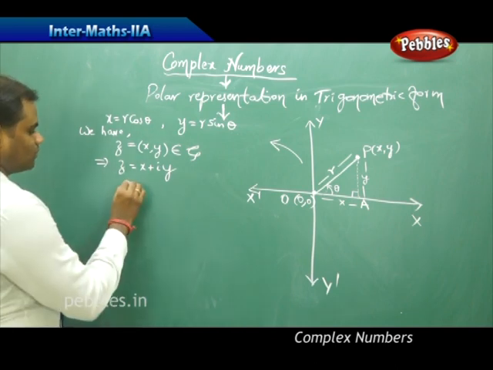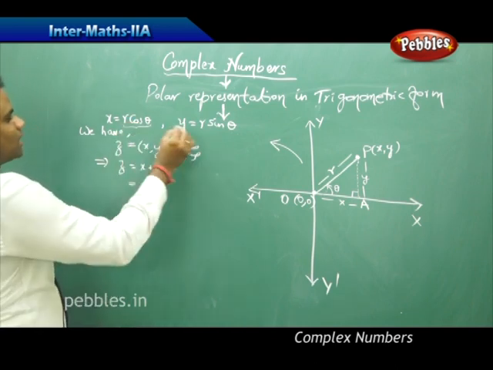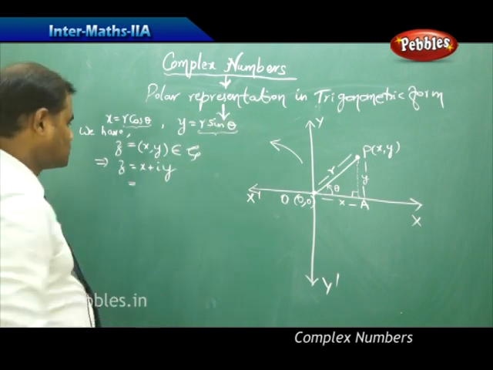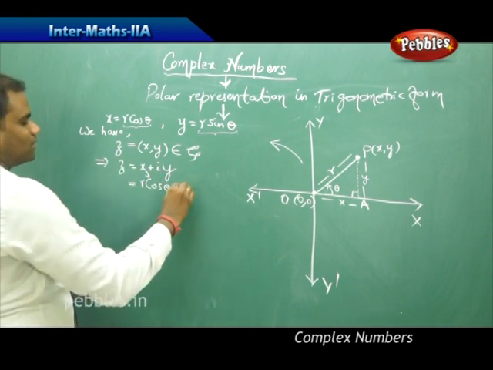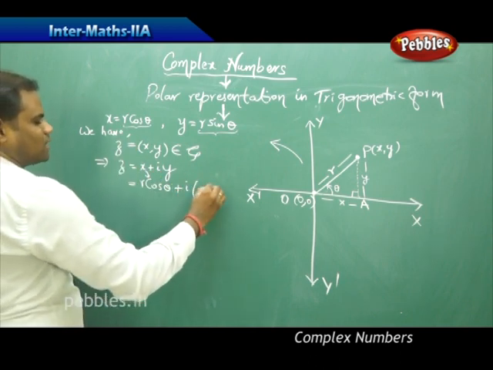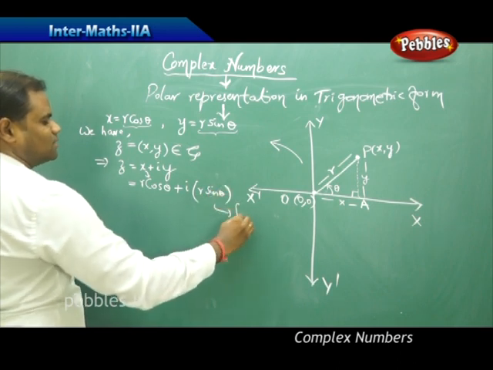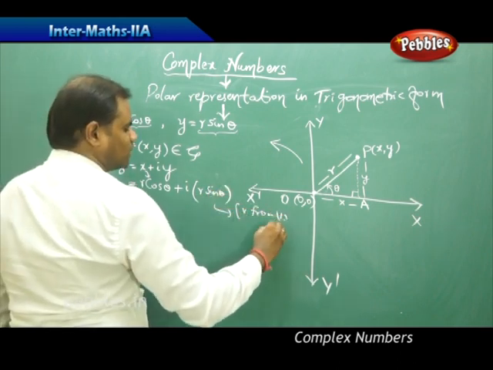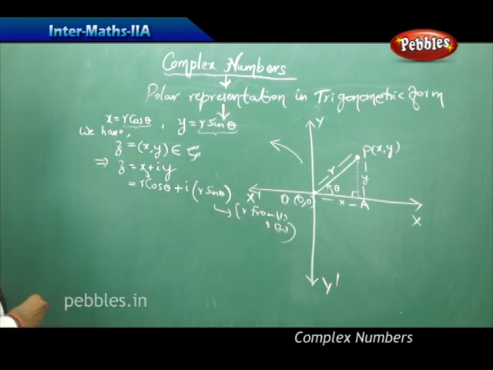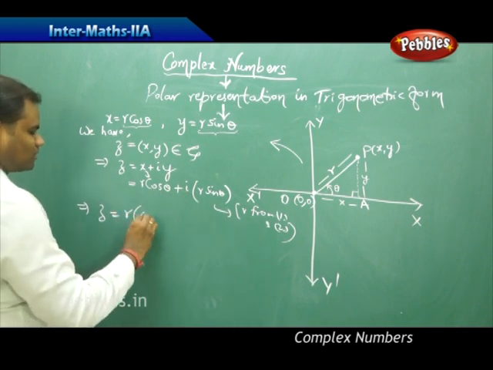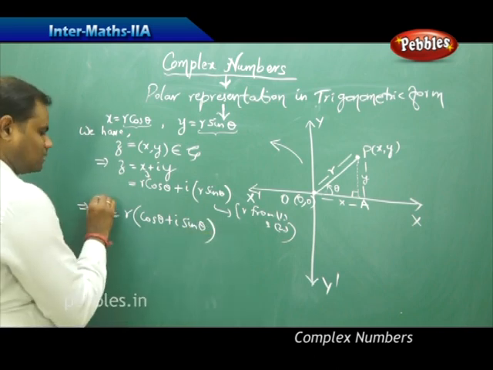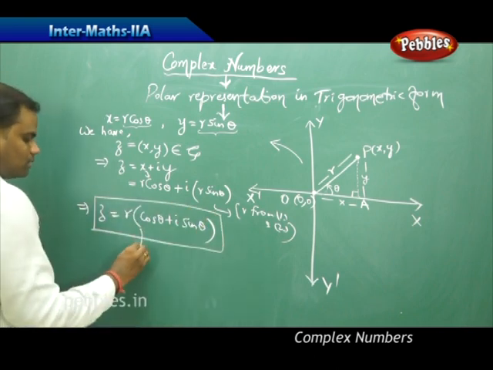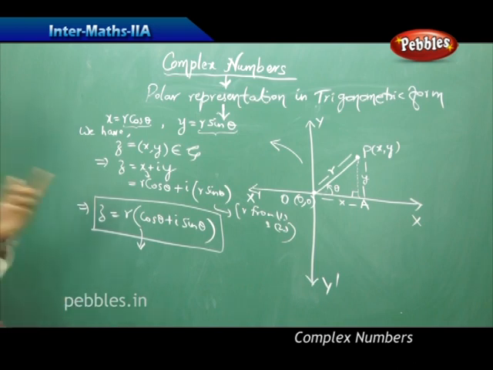Here x is substituted with r cos theta and y with r sin theta, so that I get x as r cos theta from equation 2 plus i times y, which is r sin theta from equation 1. That implies z is, taking r common, r (cos theta plus i sin theta), which is called the polar representation in trigonometric form.